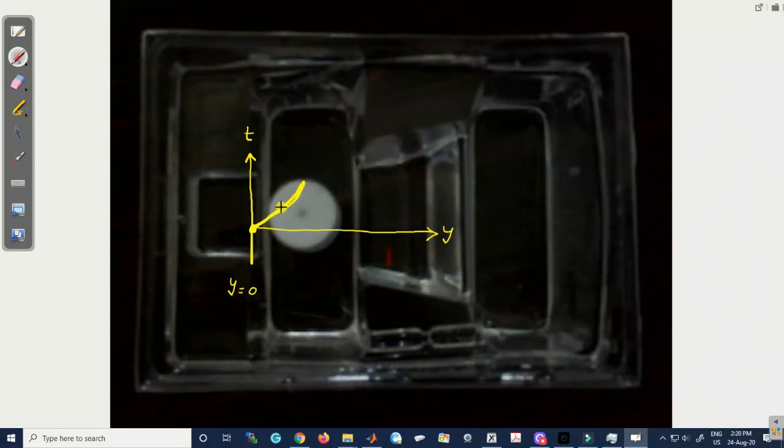Initially it had a higher velocity and the velocity then reduced and finally it became 0, and now it will stay there continuously.